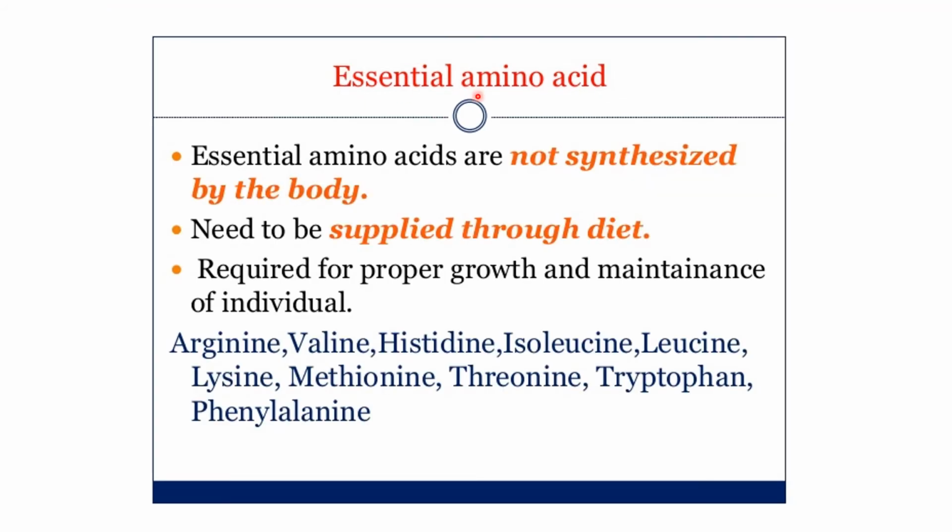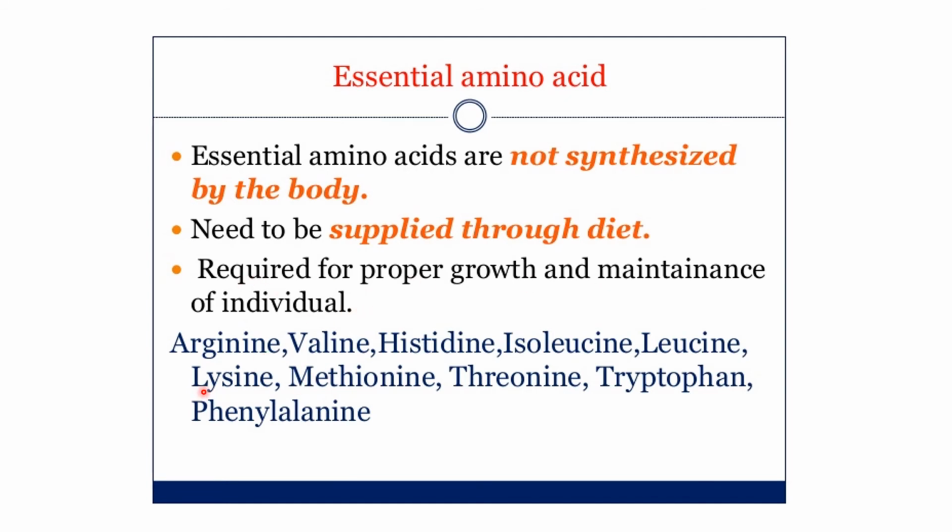Essential amino acids are not synthesized by the body. They should be supplied through the diet. I repeat, essential amino acids are the ones which are not synthesized by the body, and they should be supplied through the diet. They are required for the proper growth and maintenance of the individual.